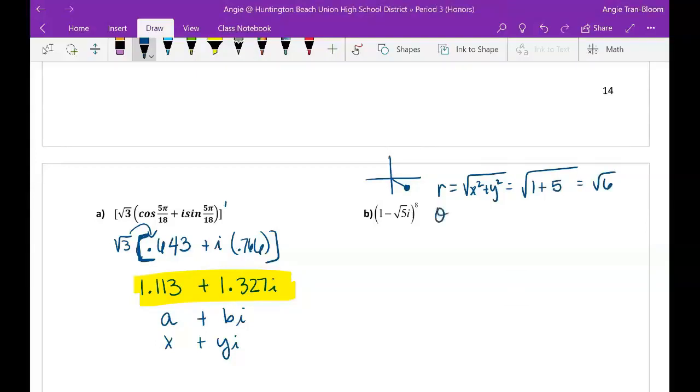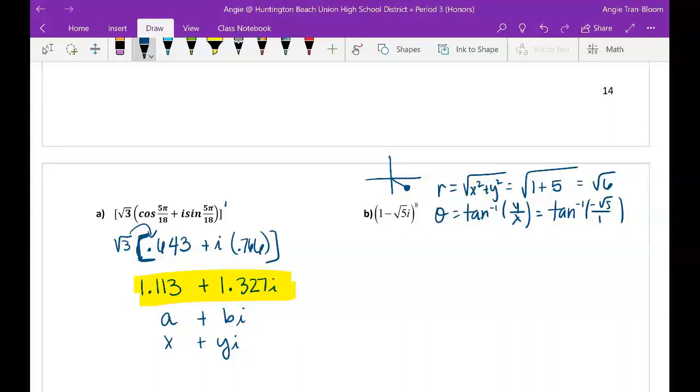Let's find theta. Theta is tangent inverse of y divided by x, which is negative rad 5 divided by 1. I don't have this memorized, so I would definitely use a calculator. Because this one is originally in rectangular form and we're converting to polar, try to use degrees.